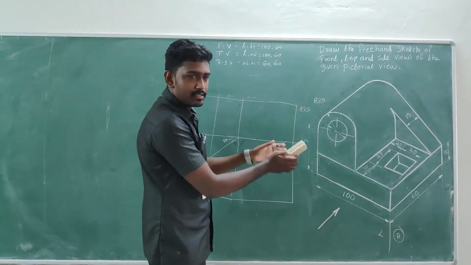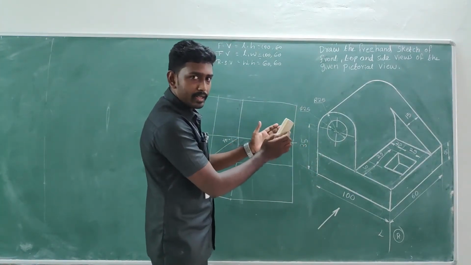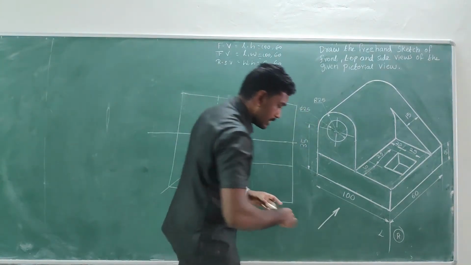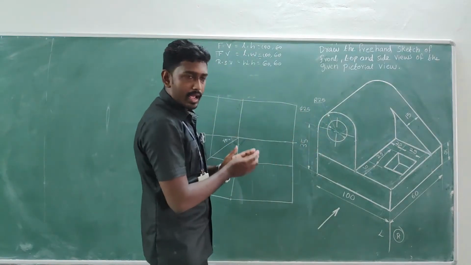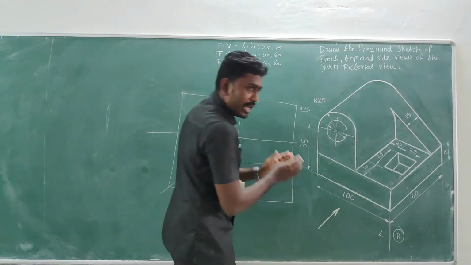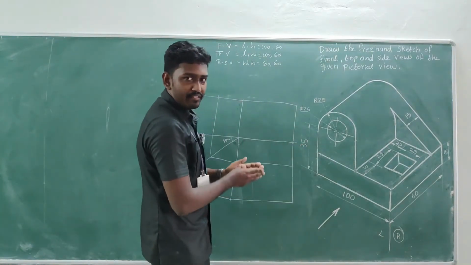Now try to visualize the object, and in your mind just try to rotate this object in the clockwise direction, and imagine this portion is right in front of you.